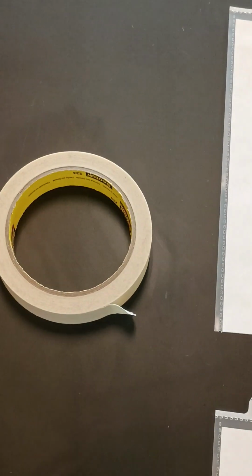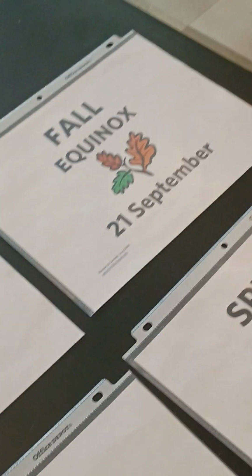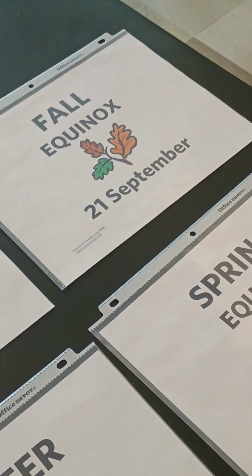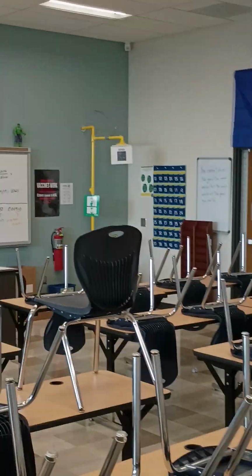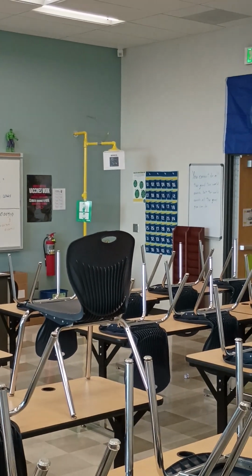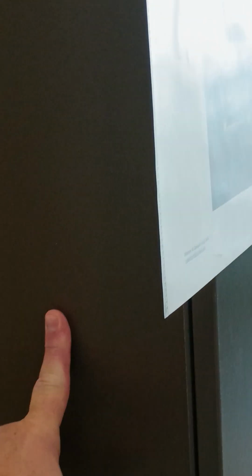Take a piece of tape and then tape the sign for summer solstice where it goes. And where it goes means where is the Earth at that point. So again, if you're convinced that, say, the spring equinox takes place when the sun is in Aries, what you would do is turn around to where you're standing, which would be kind of right here by Libra, and just tape the sign right there.